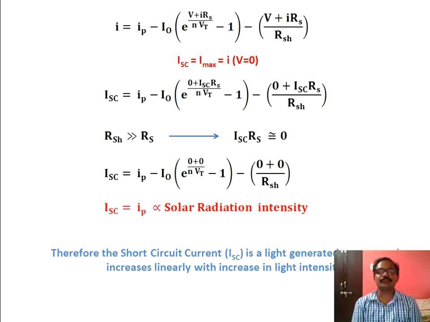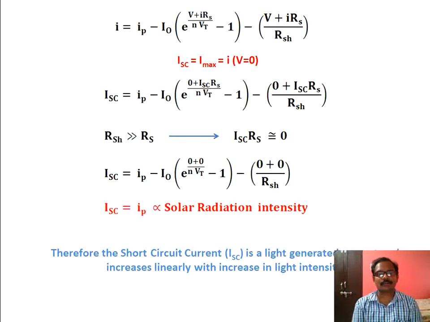Therefore RSH is far greater than RS, and thereby RS is approximately 0. Therefore ISC into RS will be approximately equal to 0. It is a negligible value, and I will take it as approximately 0.